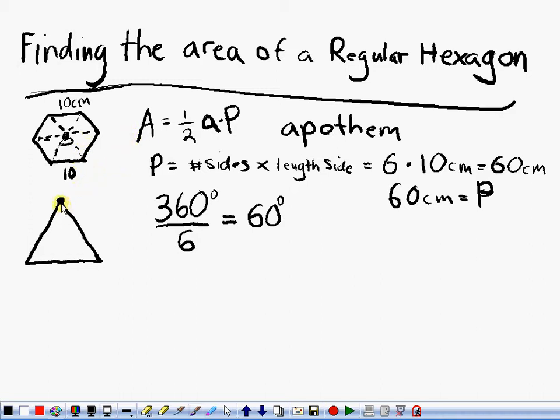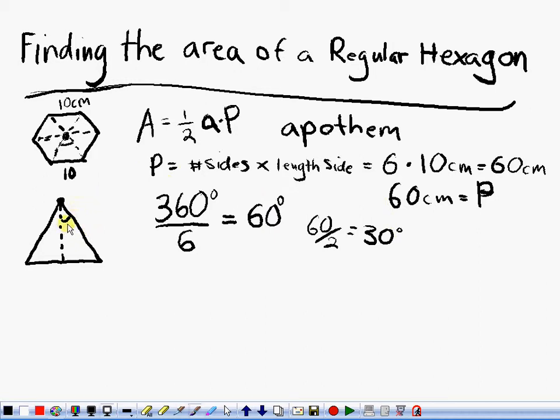Okay, well, when you draw the apothem, it chops the angle in half, or rather bisects. Just like a bicycle has 2 wheels, it bisects, so it turns it into 2 different angles. And it's going to be half of 60. So this angle here is going to be 60 divided by 2, which is equal to 30 degrees.